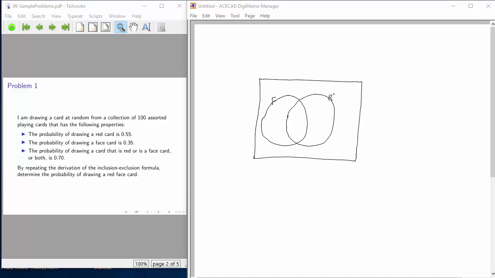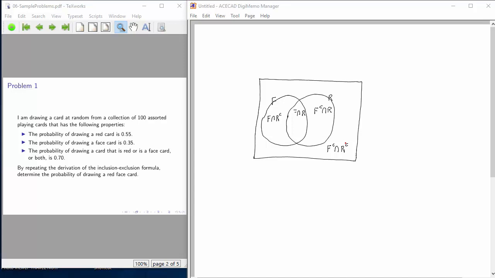And our 4 disjoint events are: you get a black face card, or you get a red face card, or you get a red non-face card, or you get a card that is a non-face card and is also black.